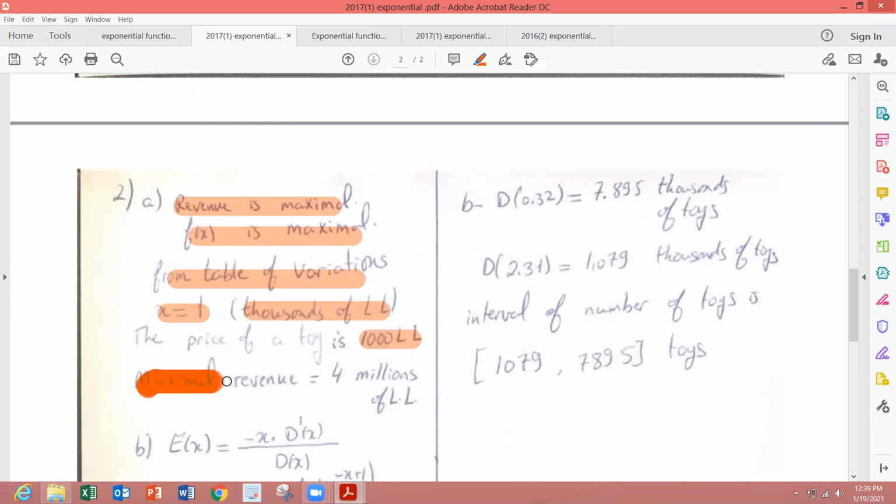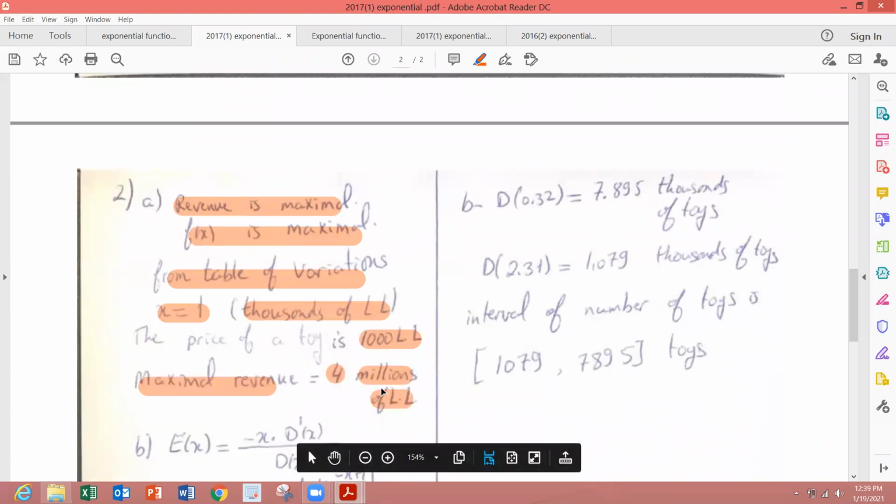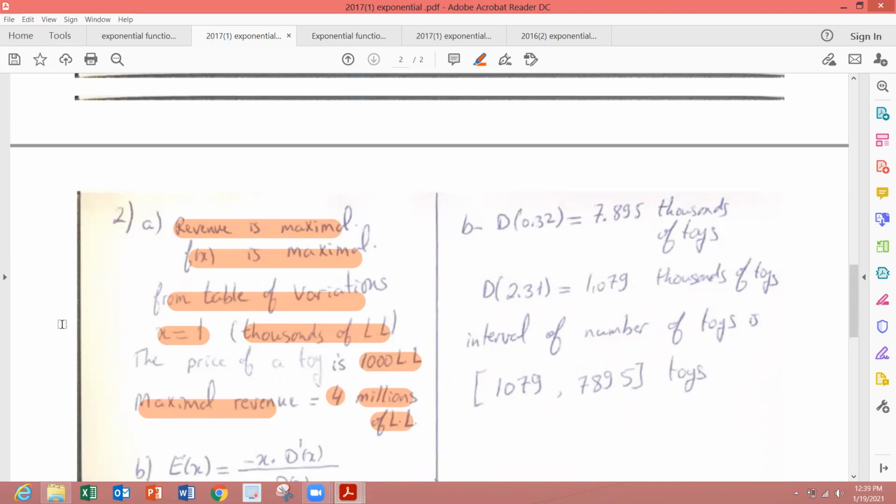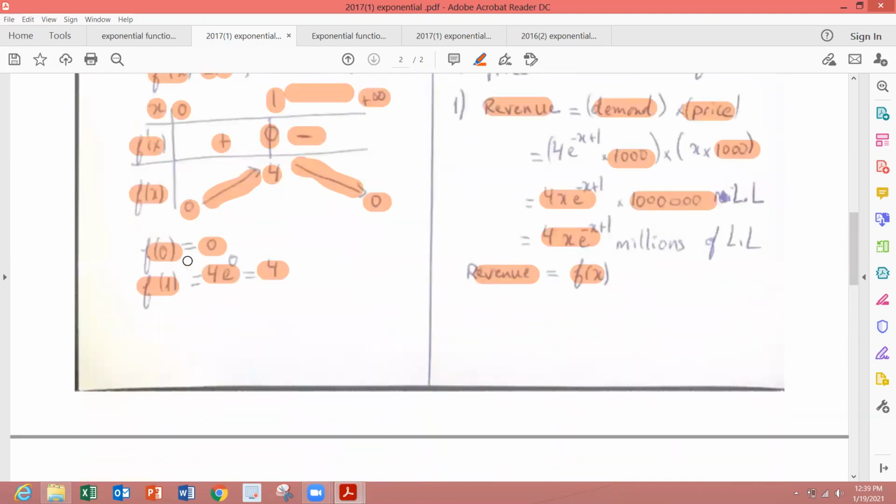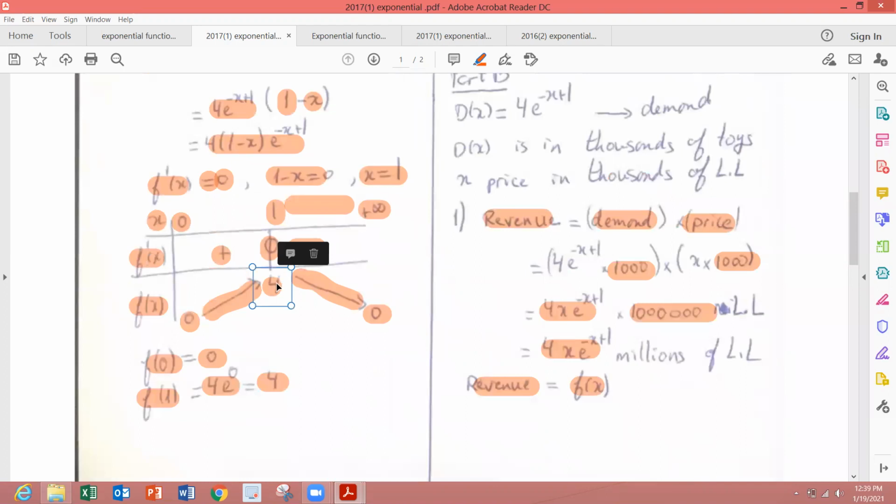With the maximal revenue, how much? The maximal revenue is 4 millions of Lebanese lira. From where do we get 4? From the table of variations. This f(x) stands for revenue.